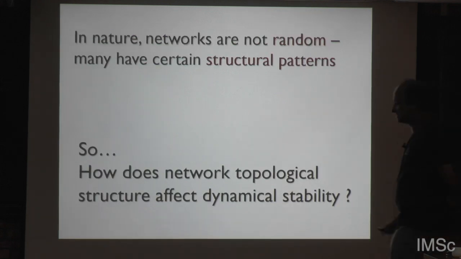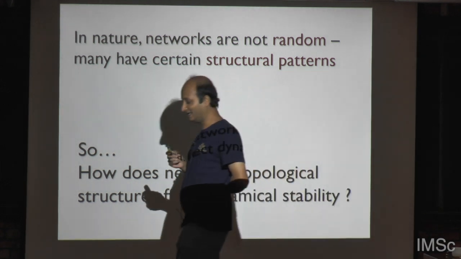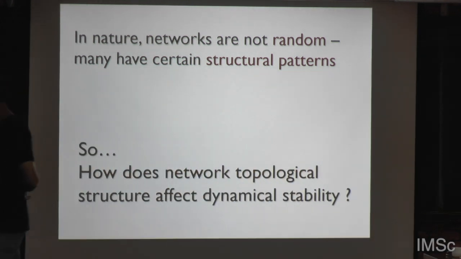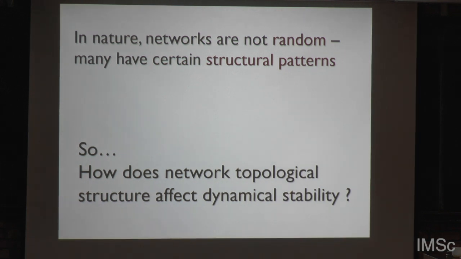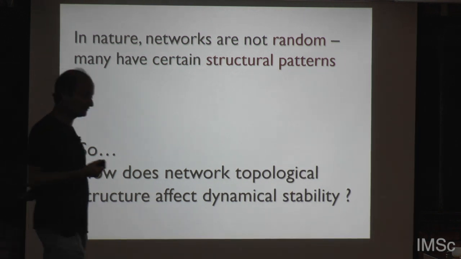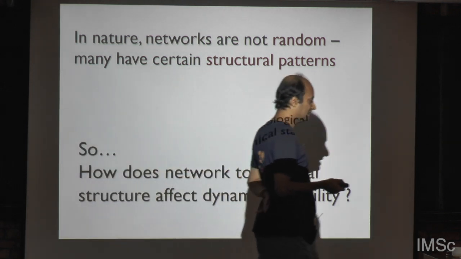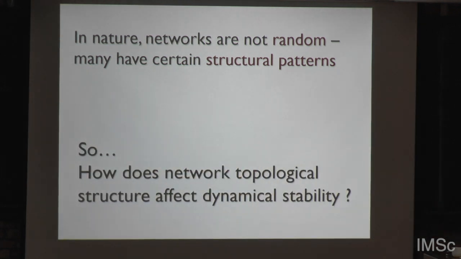Now, the biggest challenge placed in front of the wider acceptance of May's result in the ecological community was, of course, his assumption of randomness. He of course did that so that he could invoke these elegant results of Wigner, but ecologists quickly pointed out that, look, networks, especially in ecology, are not random. They have various patterns. So, your result may be at fault because of this assumption of randomness.